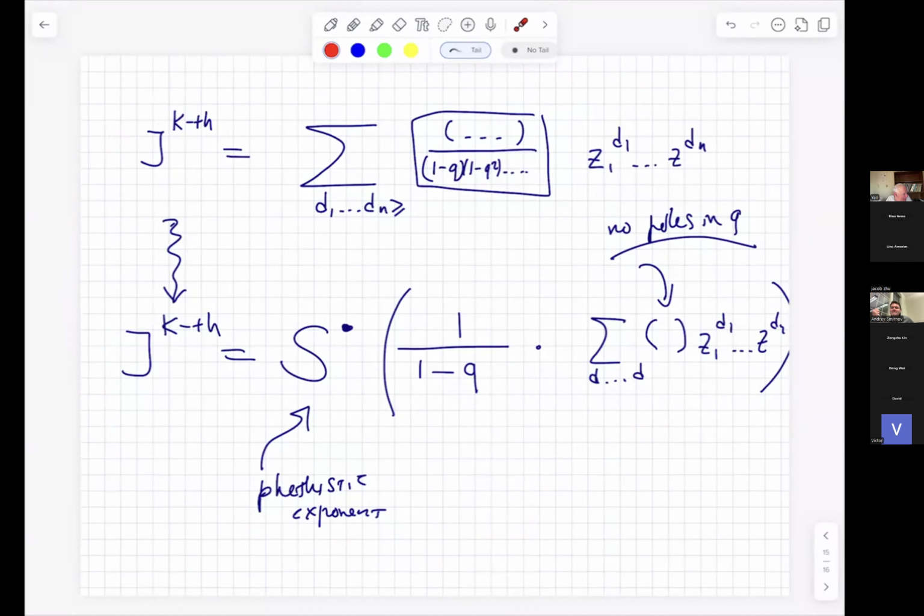You see, more than 15 years ago, when we wrote that paper with Maxim on the cohomological Hall algebra, at some point we wanted to prove something which is maybe exactly the same, that there are no poles in the coefficients.